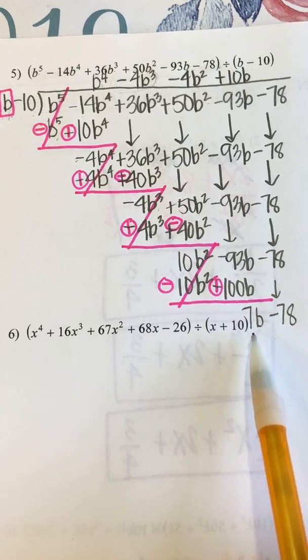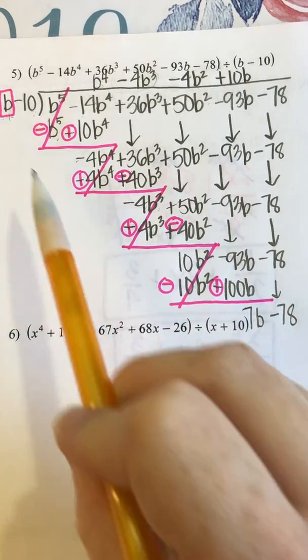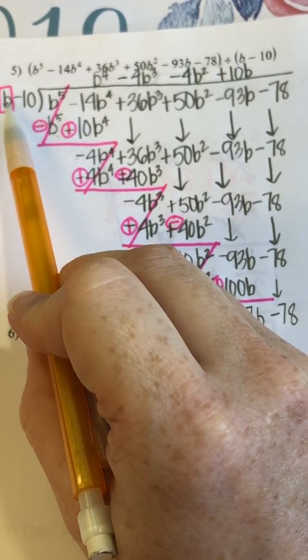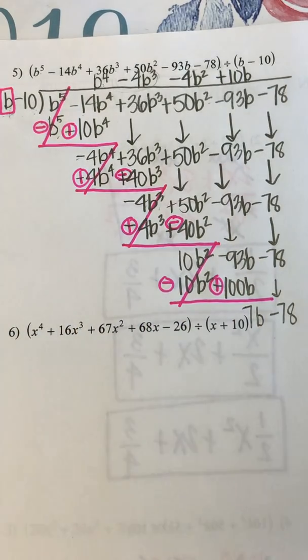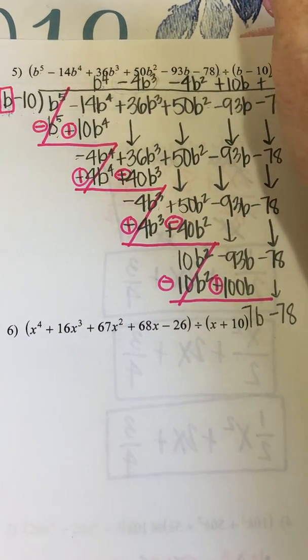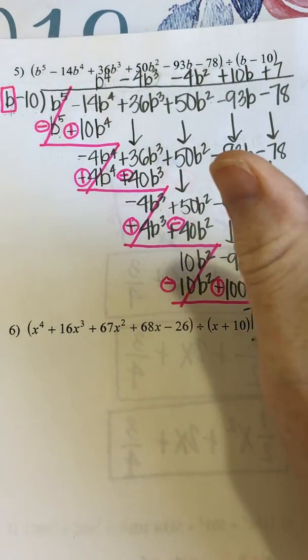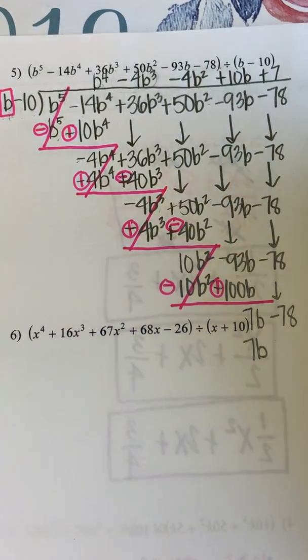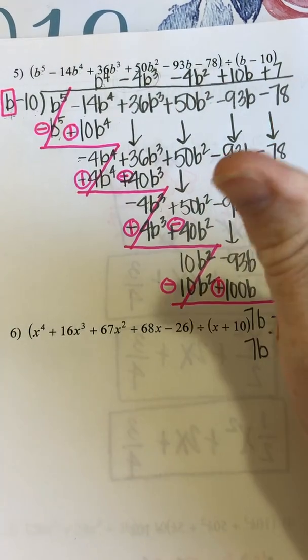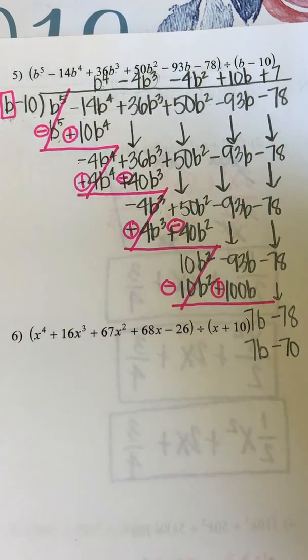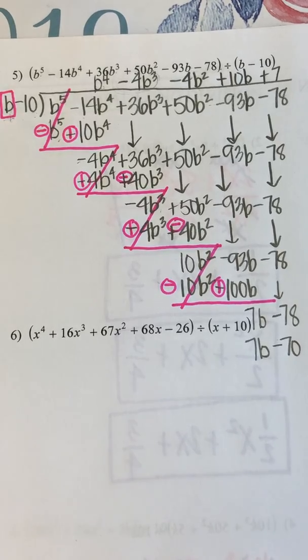What can I multiply by b that's going to give me 7b? 7. So positive 7. 7 times b is 7b, and 7 times negative 10 is negative 70.